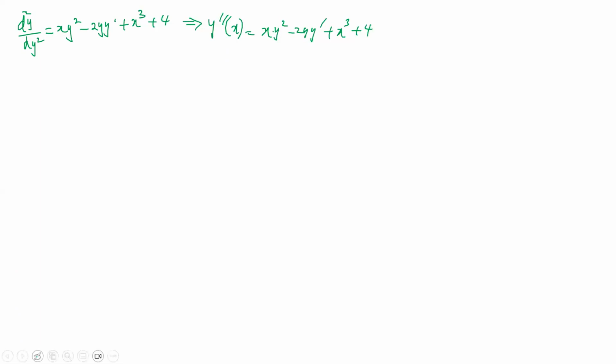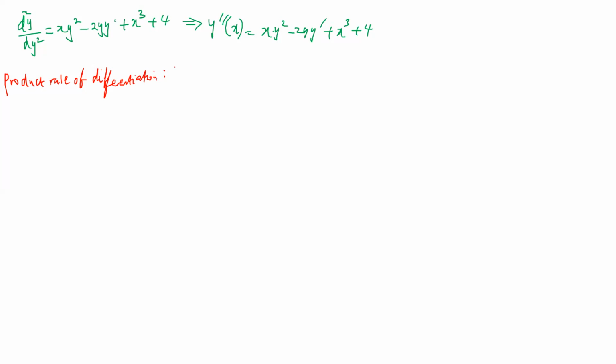The next rule that we're going to use is the product rule of differentiation. There are many product rules, but here our focus is on the product rule of differentiation. What does it state?